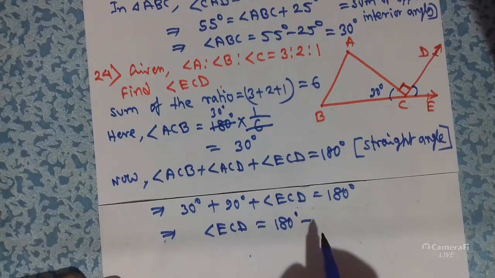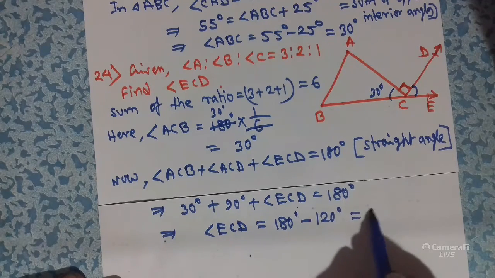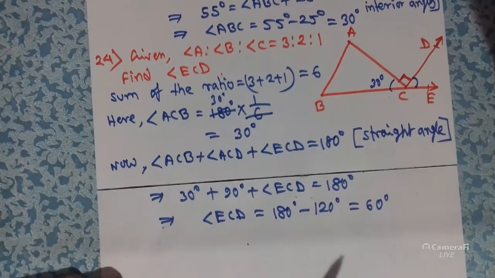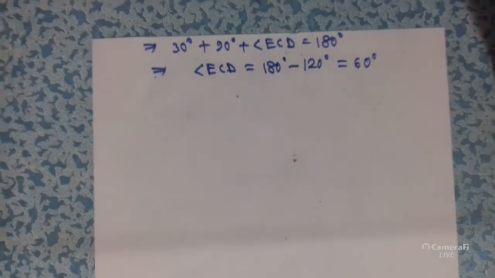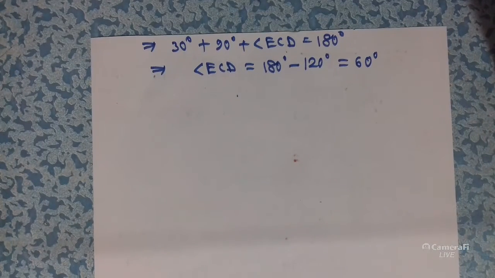So if we transfer 120 to the right hand side, it will be minus 120, so is equals to 60 degree. So the value of angle ECD is 60 degree. Next is problem number 26.